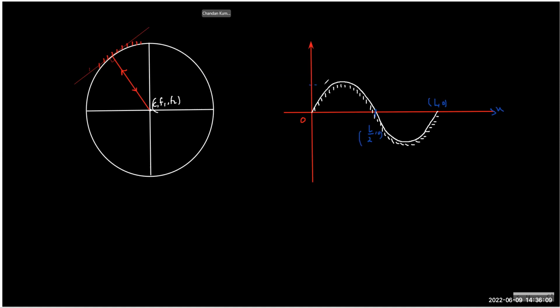Okay, so let's say y is given as L by 5 sine. If I put x equals L, it becomes 5.